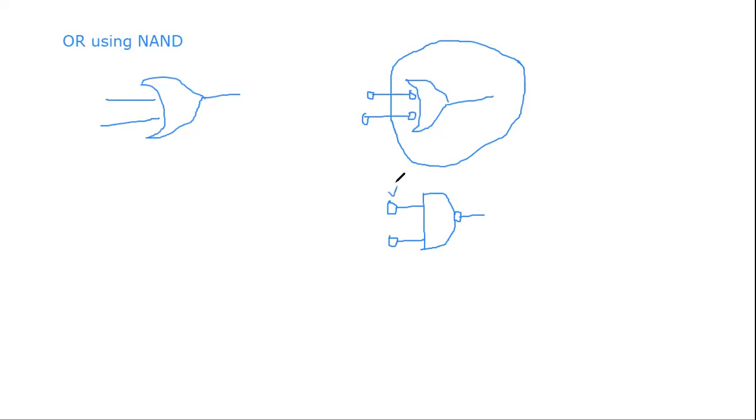Next, bubble means inverter. So replace these inverters with NAND inverter. Replace this one with NAND inverter. So NAND inverters are what? This is NAND inverters, right?